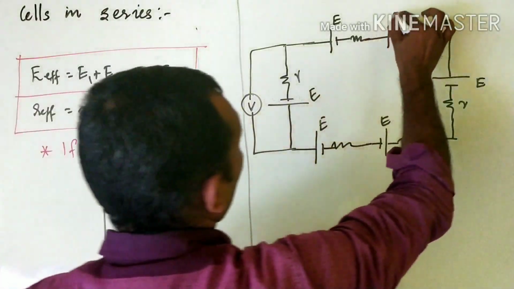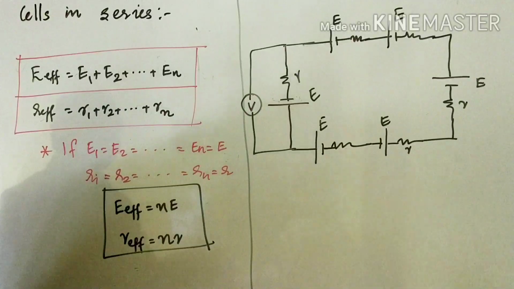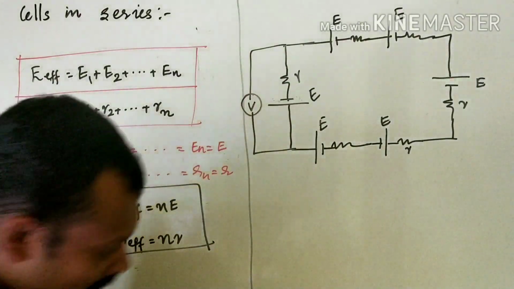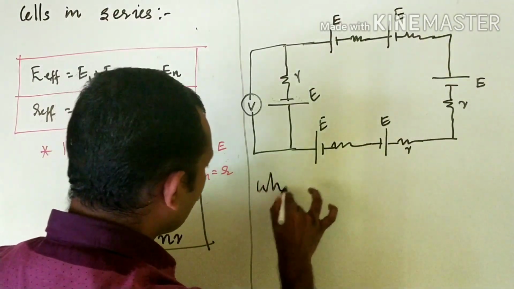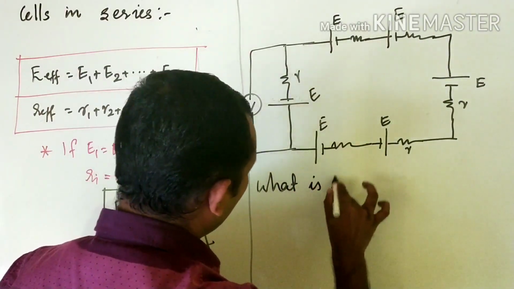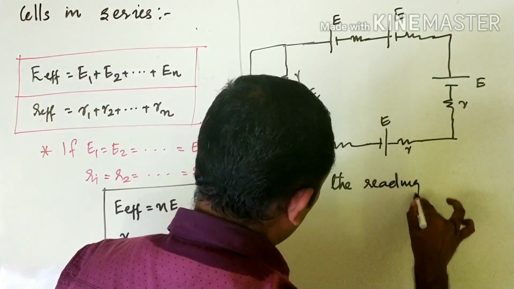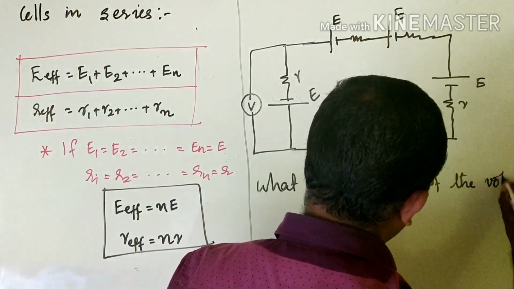See, the EMF of each cell is E. The internal resistance of each cell is r. Now look at here. You are asked to find out what is the reading of the voltmeter.